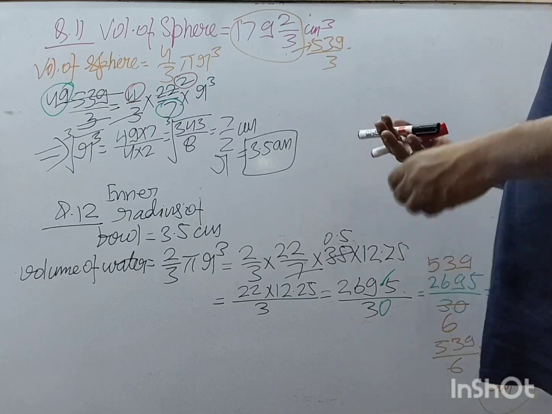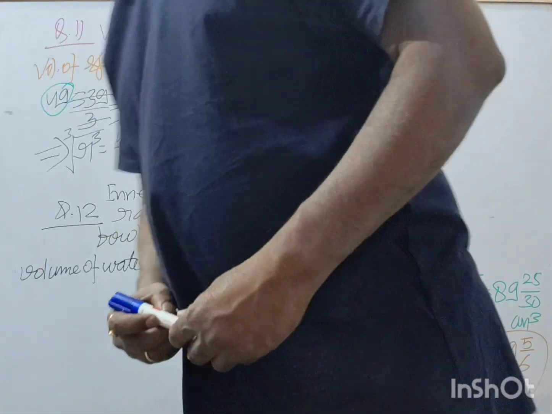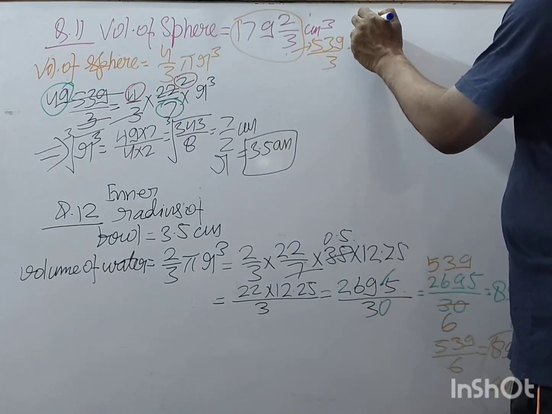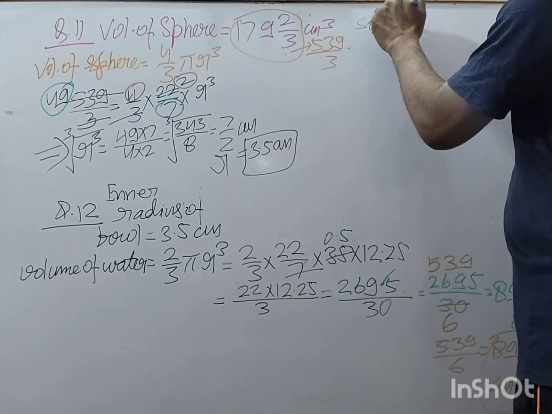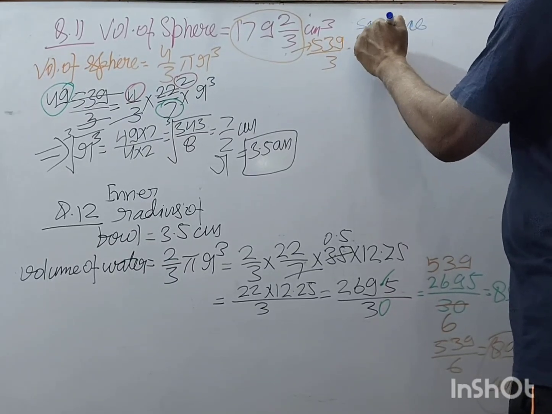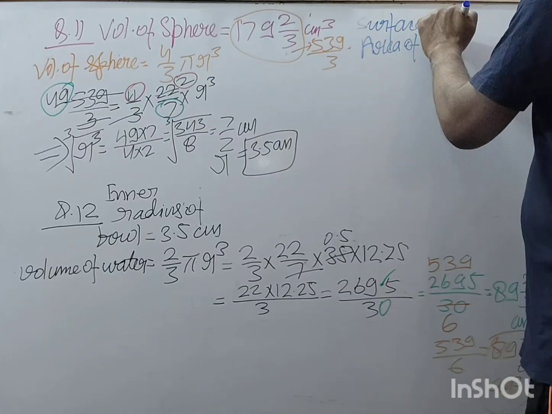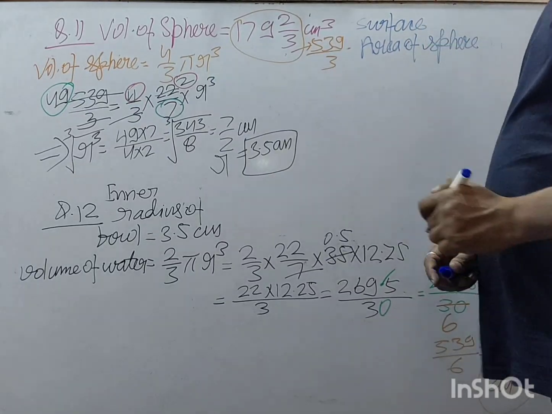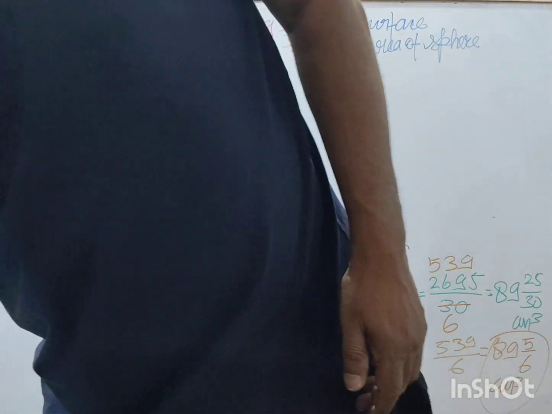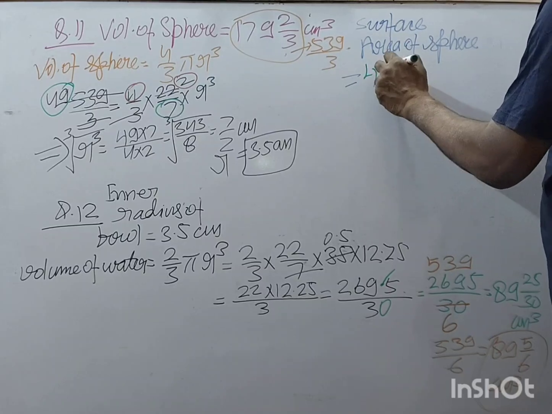Now what is next? What do you have to find? Surface area. Surface area of a sphere is equal to 4 pi r square.